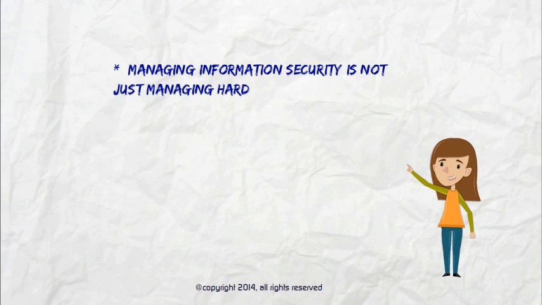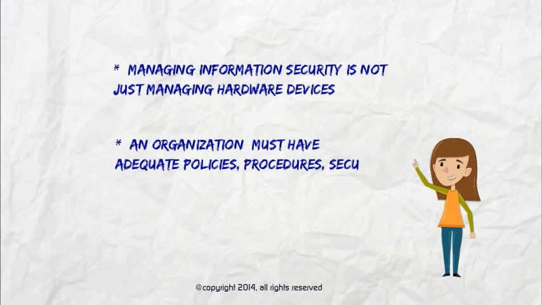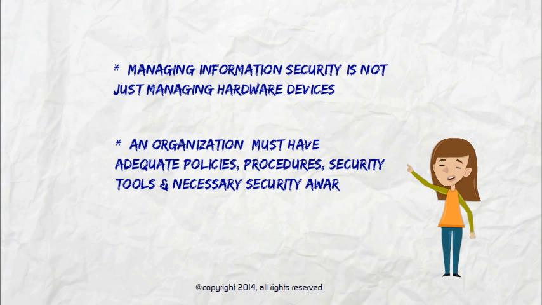Managing information security is not just managing hardware devices. To effectively manage an organization's critical information assets, an organization must have adequate policies, procedures, and security tools and necessary security awareness training for employees.